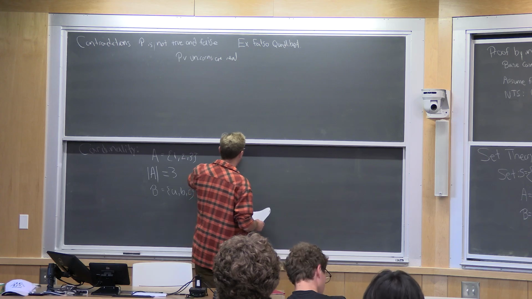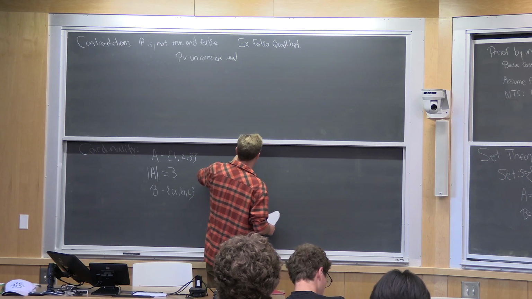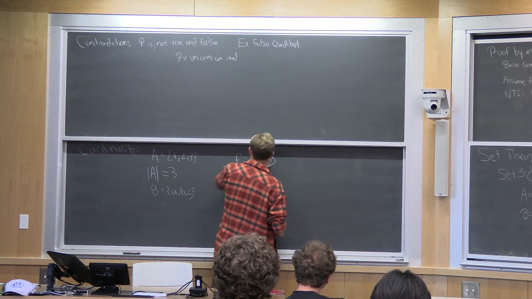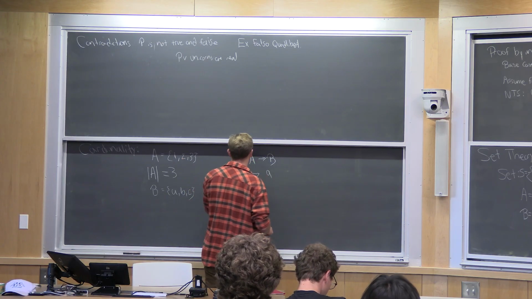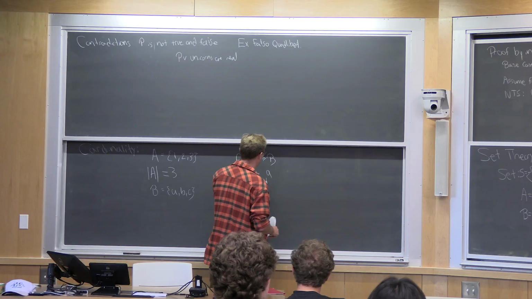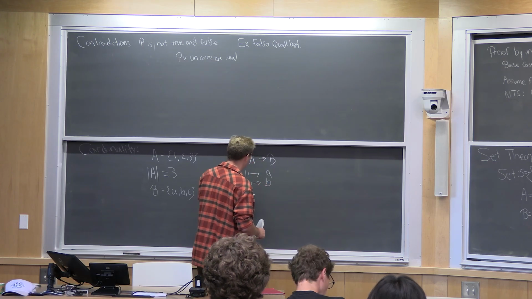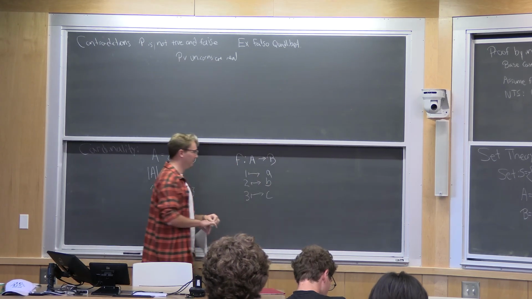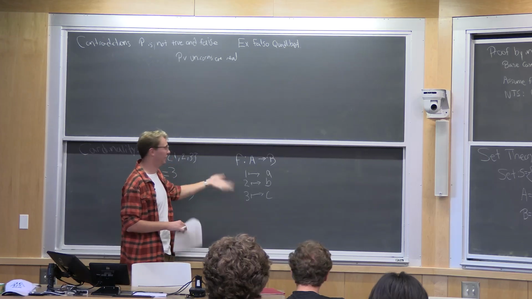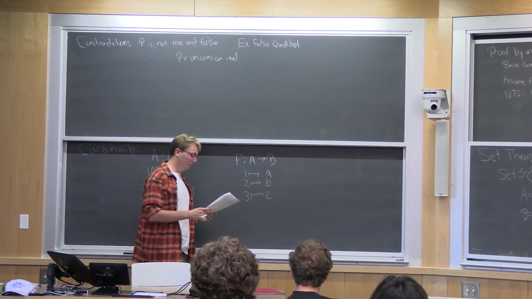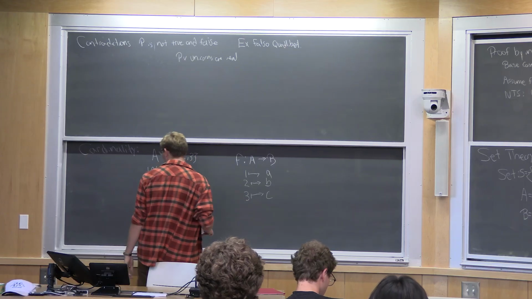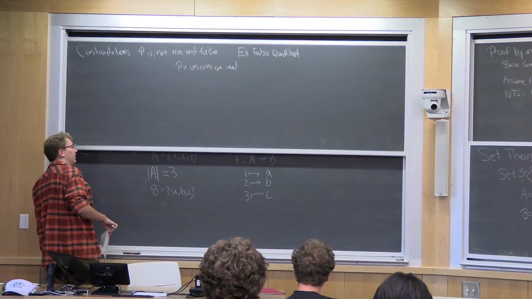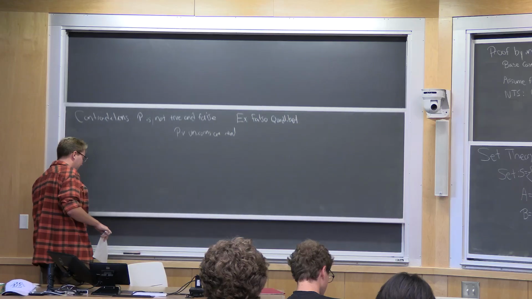So you have a function from A to B, and you could just map 1 to A, 2 to B, and 3 to C. And there's your function. It's a direct mapping. So this is very straightforward, but once we start working with infinite sets, it's a little more interesting.